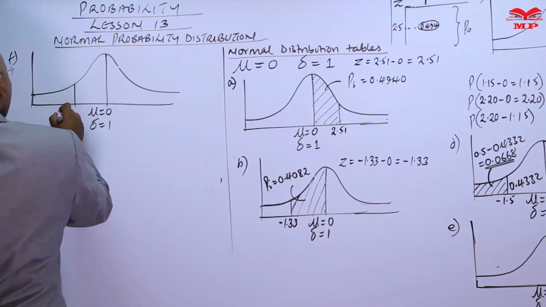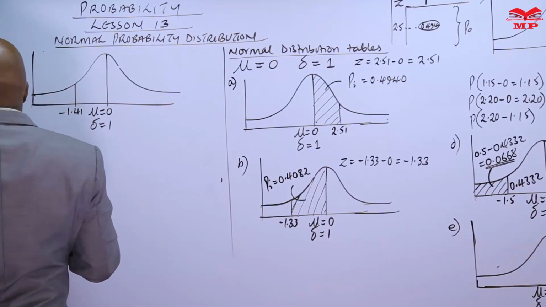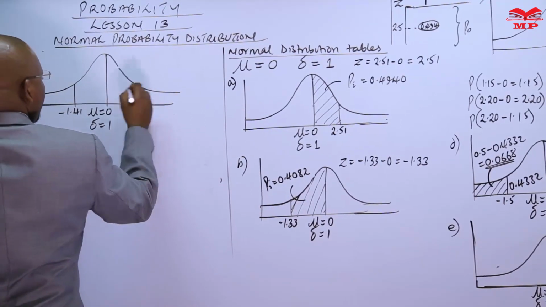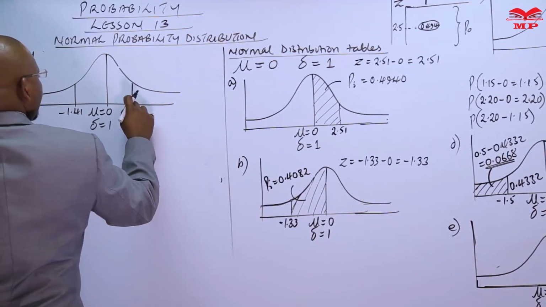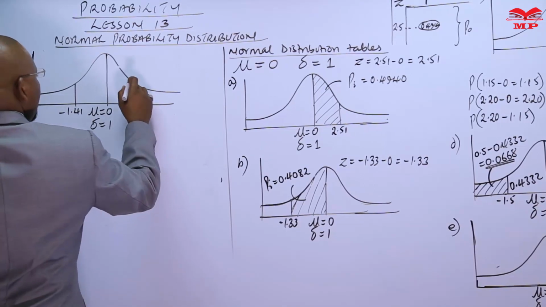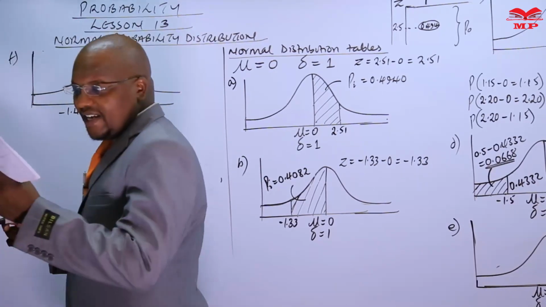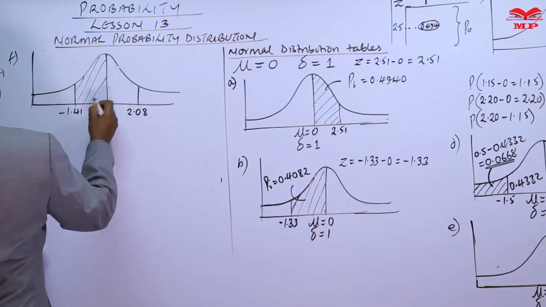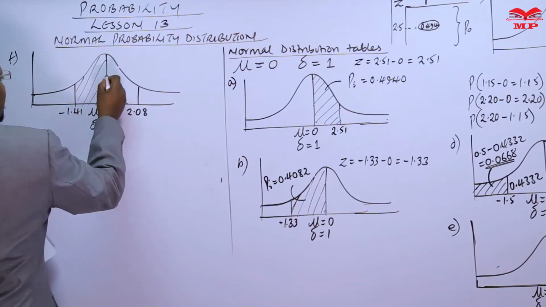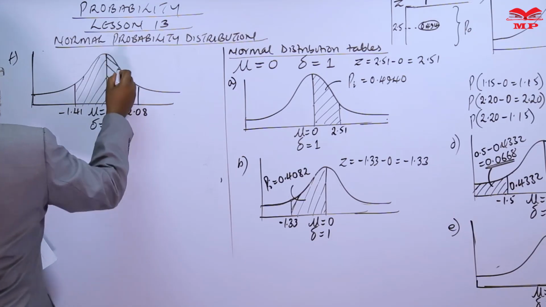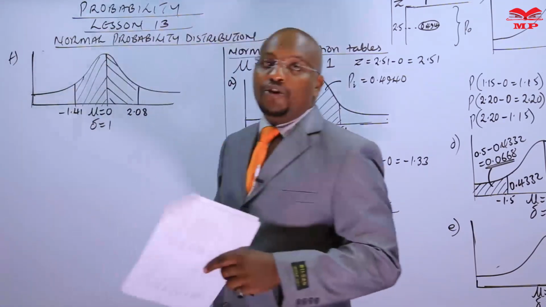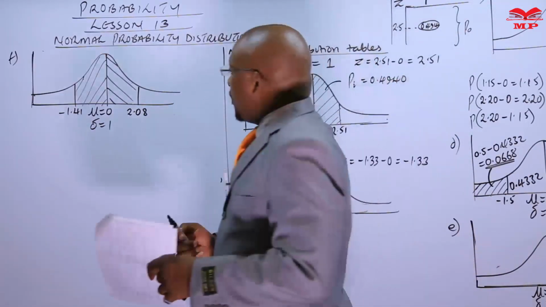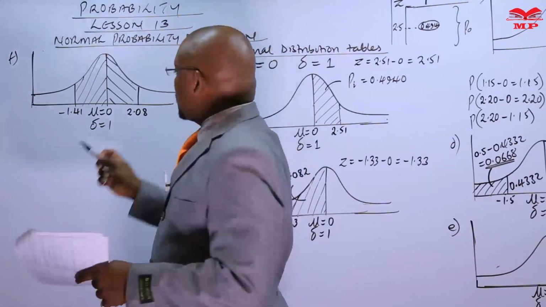And we have the negative 1.41 and then 2.08. You have been asked this area. I'm shading that way differently to show that you're going to get these areas separately.